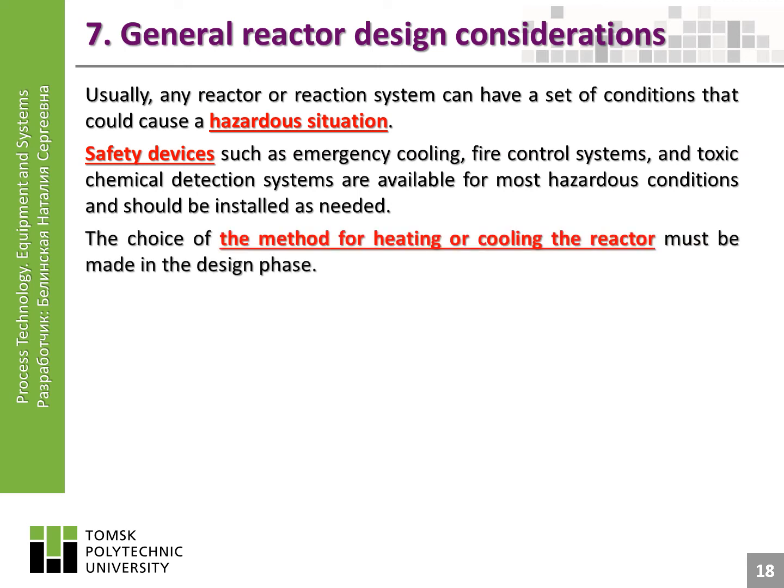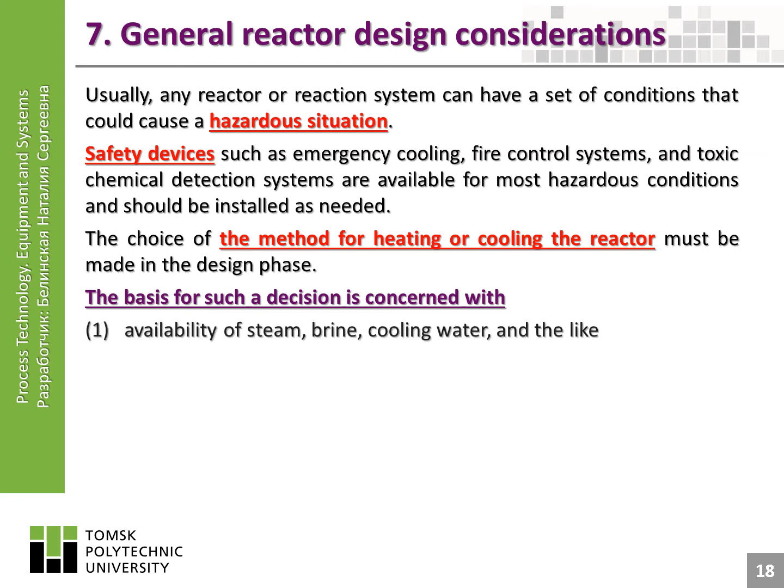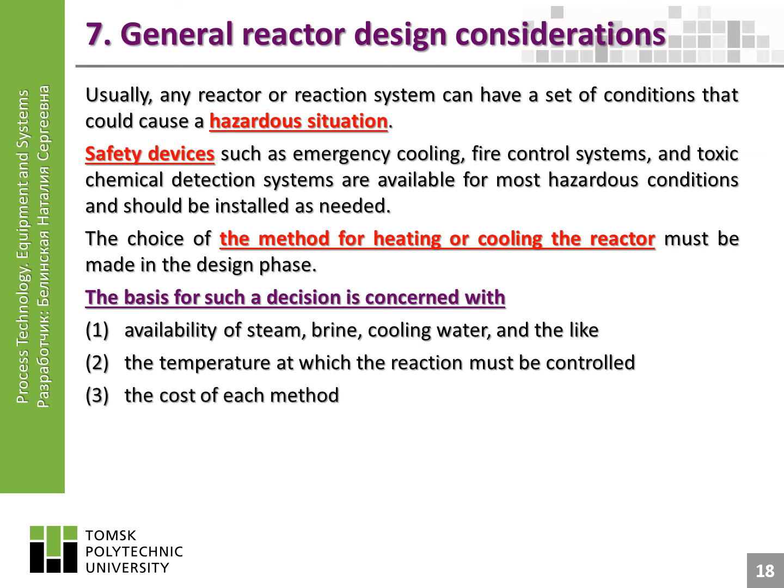The choice of the method for heating or cooling the reactor must be made in the design phase. The basis for such a decision is concerned with availability of steam, brine, cooling water, and the like. The temperature at which the reaction must be controlled. The cost of each method.